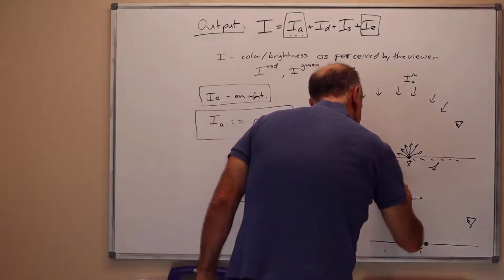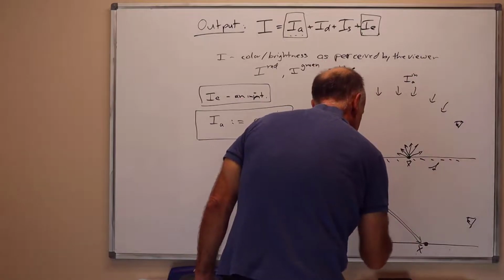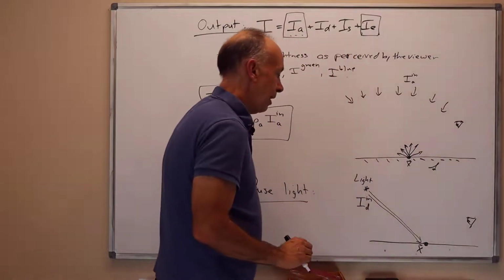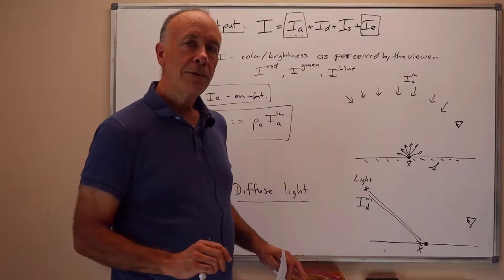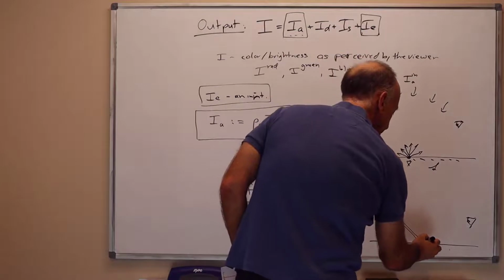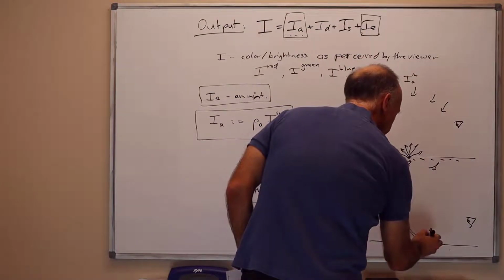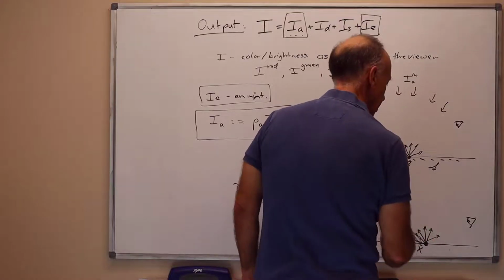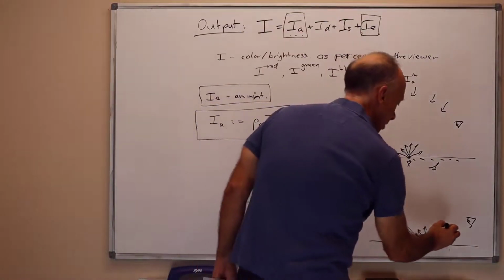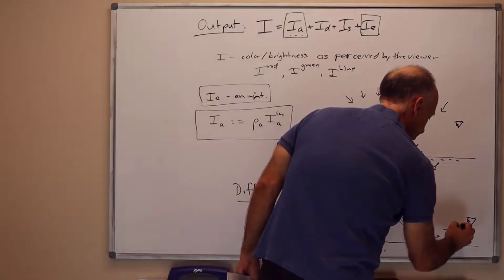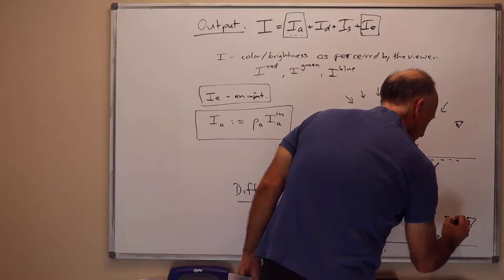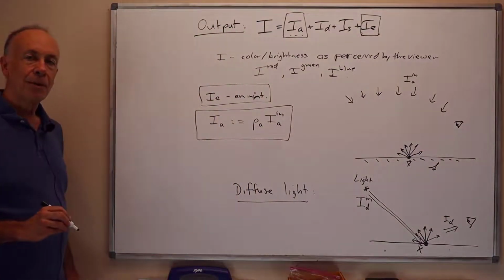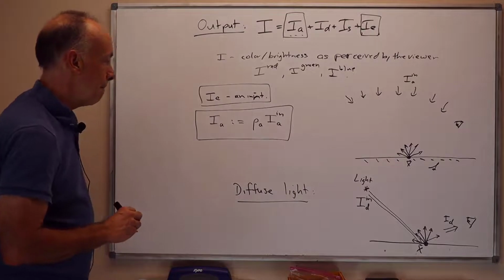Let me draw that standing upright a little bit better. And diffuse light is reflected equally in all directions. So it came in like that, and then it goes out equally bright looking in all directions. And of course, some of it goes towards the viewer position, and this will be the I^D output as it heads to the viewer. So here the formula gets a little more complicated, and I'll do that on the next board.